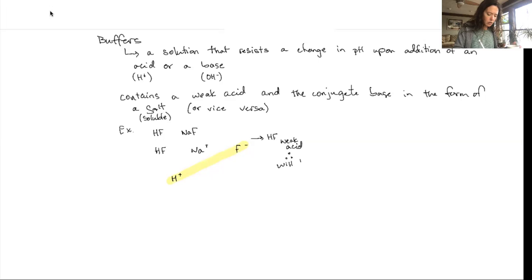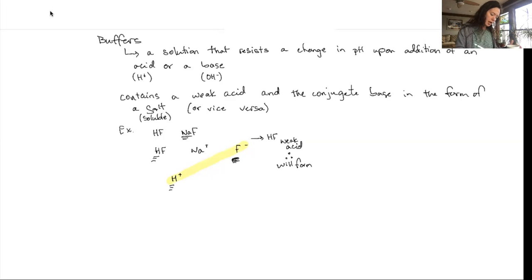So the conjugate base of my weak acid, which came from my soluble salt, is helping to protect my pH when a hydrogen acid is added. Instead of the hydrogen going into the solution and decreasing the pH, it is forming HF.